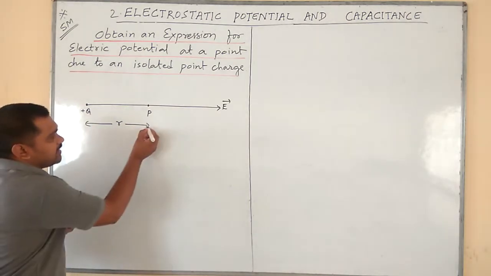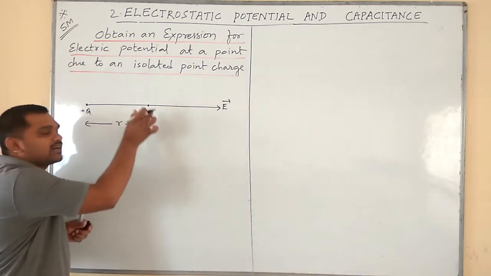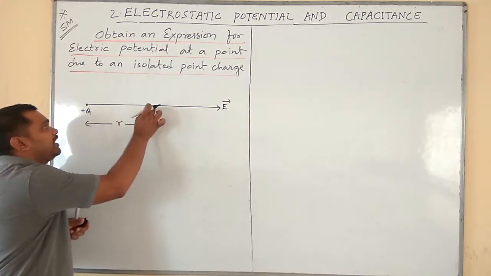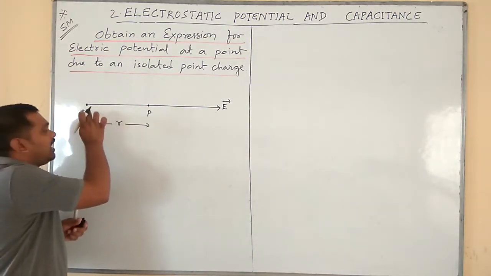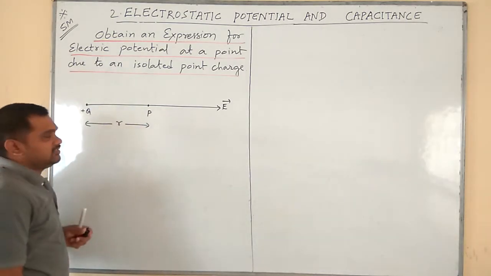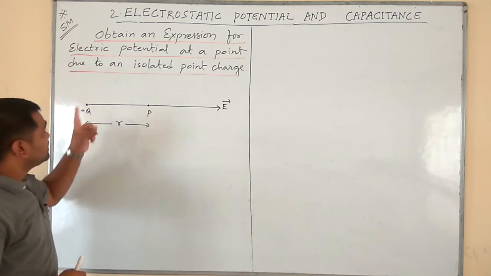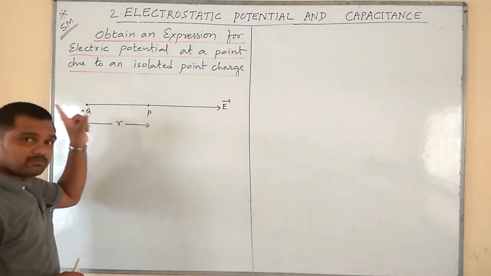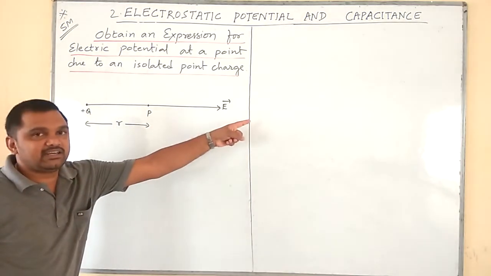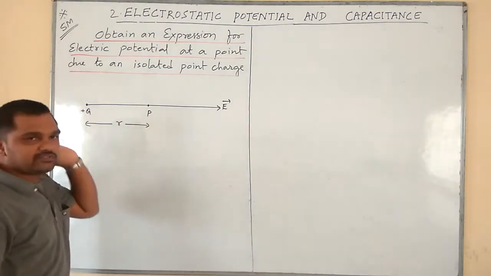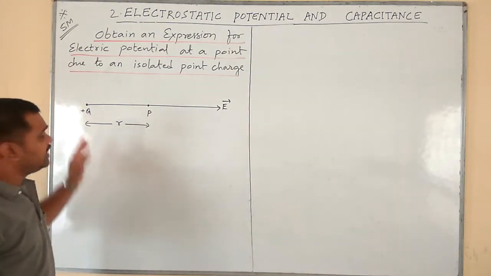Now, it is our intention to find the electric potential at this point P due to this isolated positive charge. According to the concept of electric field lines, the field lines start from the positive charge and end at infinity in case of an isolated positive charge, isn't it?